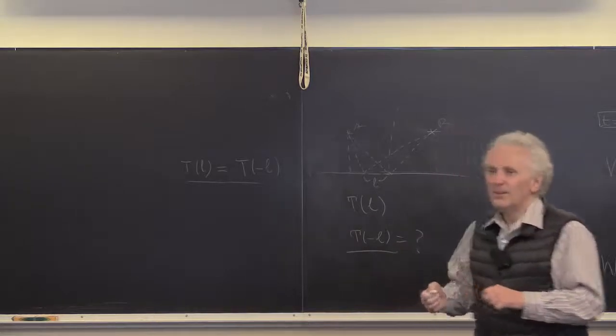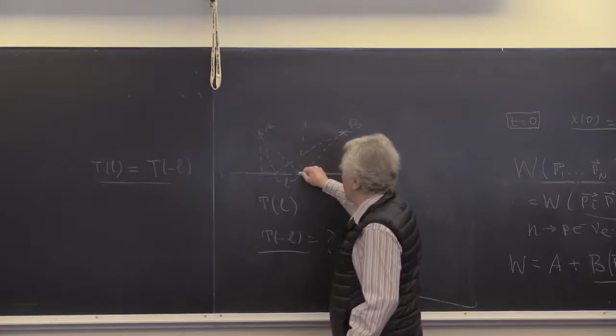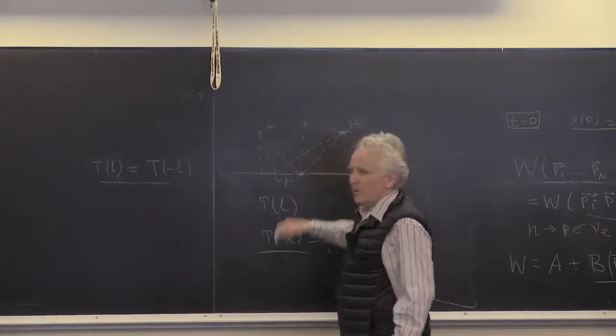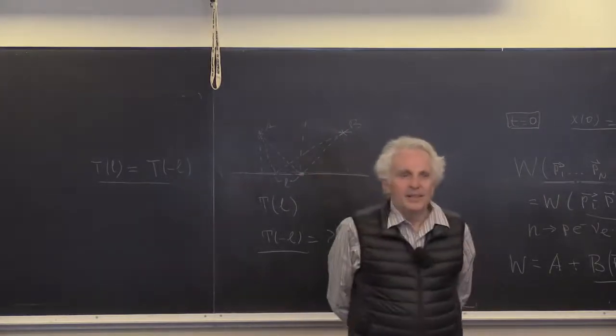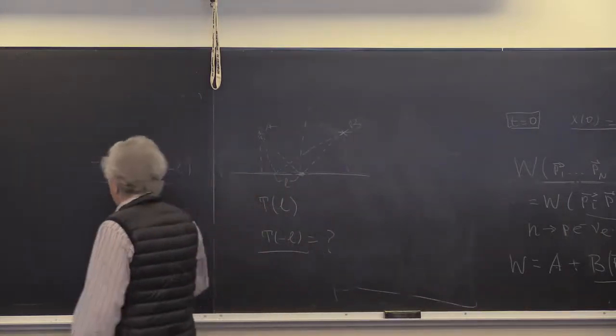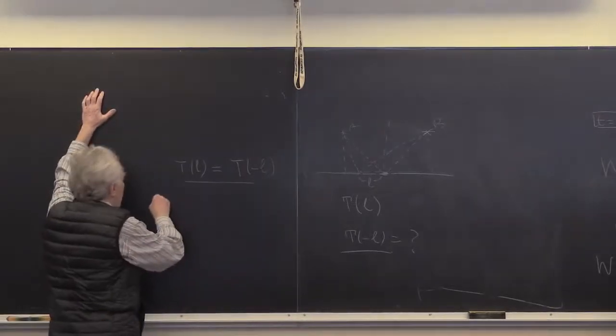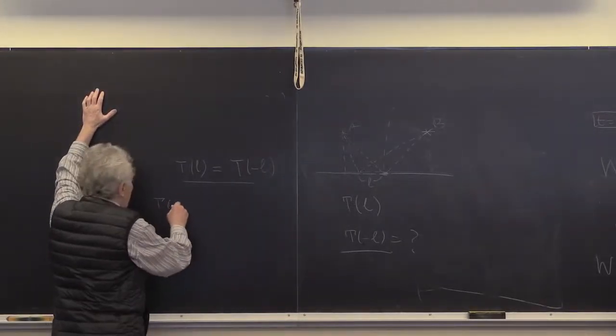How would you argue that T of L has a minimum or maximum when you are here? dT/dL equals negative dT/d(negative L). That's right. That's the correct answer.